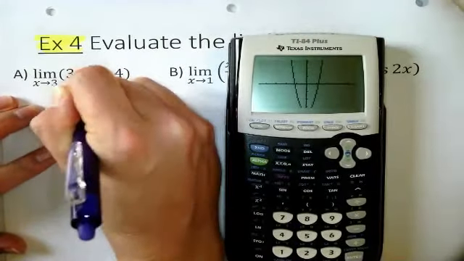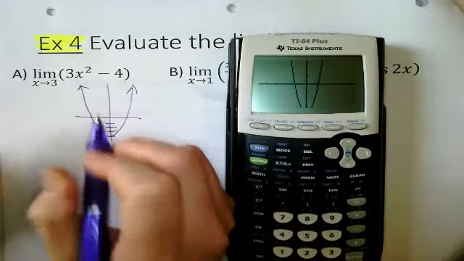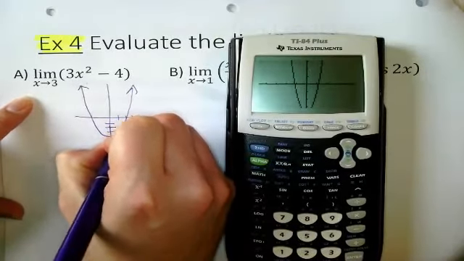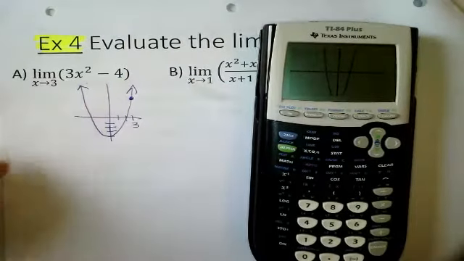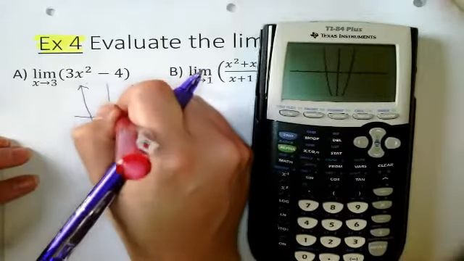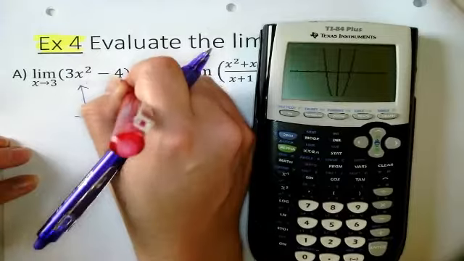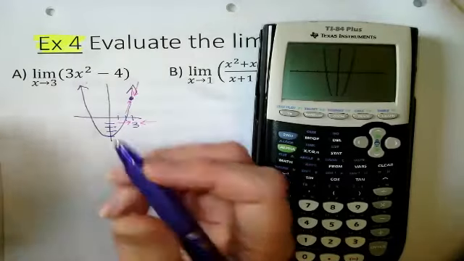All right. And so if we wanted to know, hey, what is the limit as x approaches 3? Well, we know this is a nice smooth curve. So as we approach 3 from the left, we're getting closer to some output value. And as we approach 3 from the right, we're coming down towards some output value. So there's nothing weird going on.